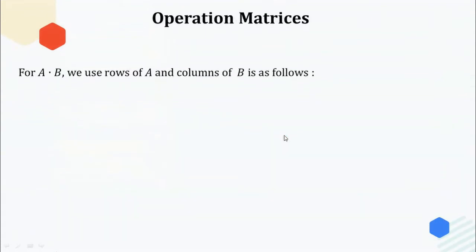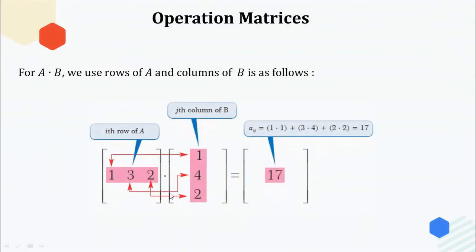Okay, let's take a look at AB. For AB, we use the rows of A and the columns of B as follows. First thing first, you need to check the dimension. Matrix A has just one row but three columns, so the dimension is 1 by 3, right?